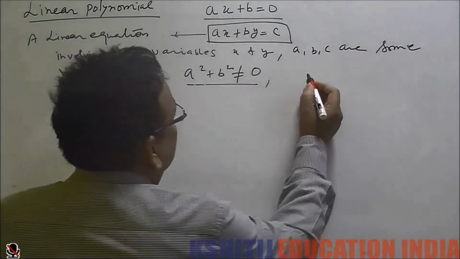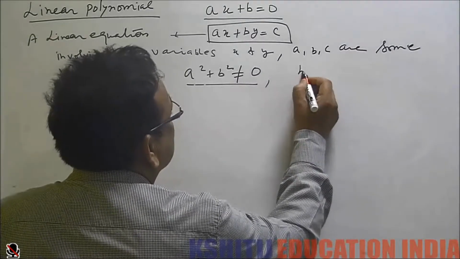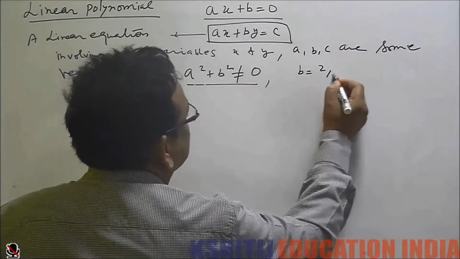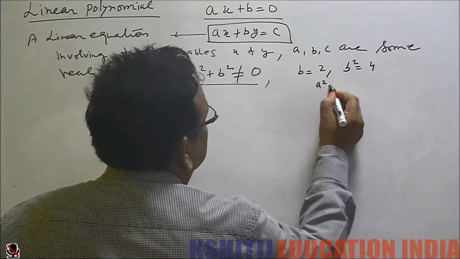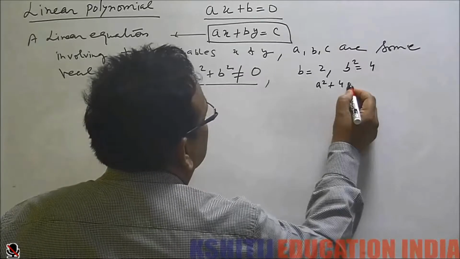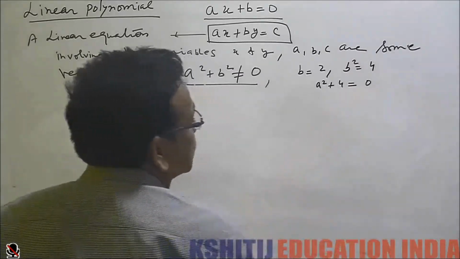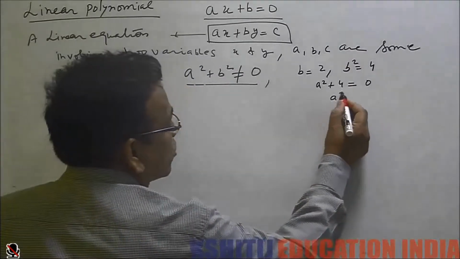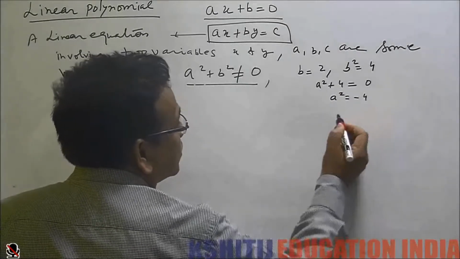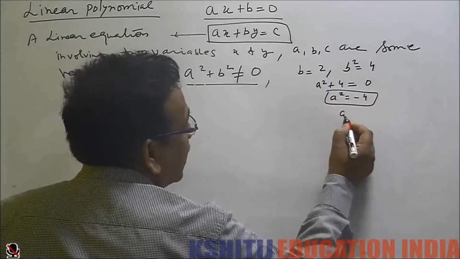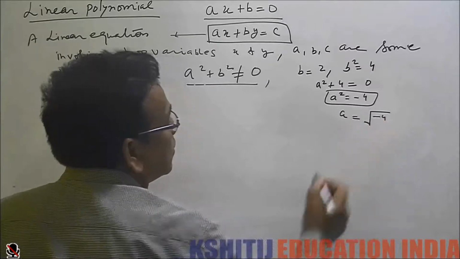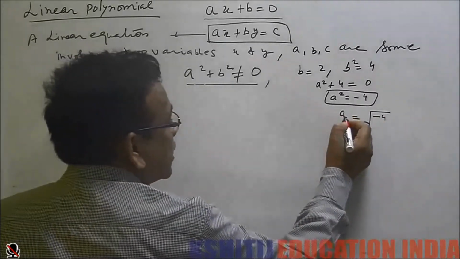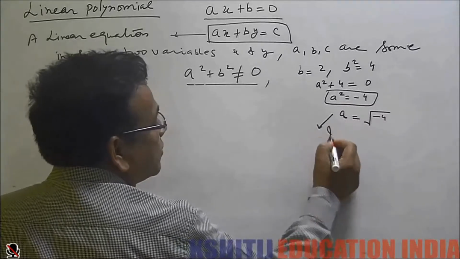Now let's say I put b equal to, let's say, 2. So b square is equal to 4. What will happen? Let's say this is equal to 0. So I get a square is equal to minus 4, and I get a is equal to, just note this, important.